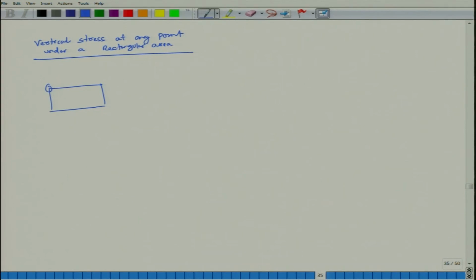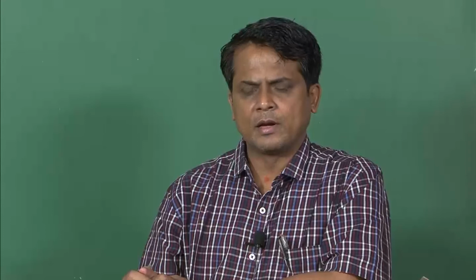You can find the vertical stress maybe here at point 0.1, sometimes it is not at the CG, somewhere else outside the rectangular loaded area, 0.2, then it may be possible along the line 0.3, then along the line 0.4. So, it is the vertical stress at any point under a rectangular loaded area, right.